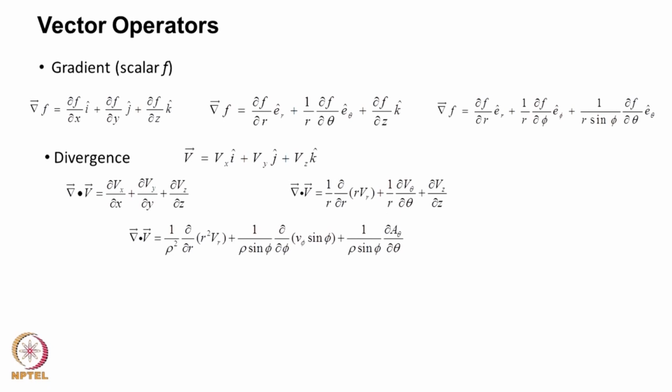Just like we did for gradient, we can also define divergence in the other 2 coordinate systems, the r, theta coordinate system and the spherical coordinate system.